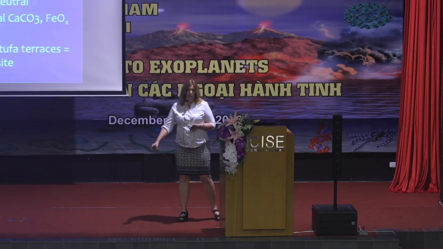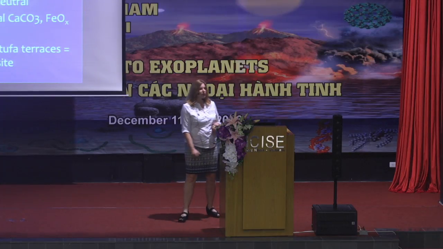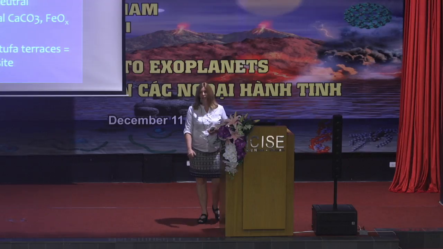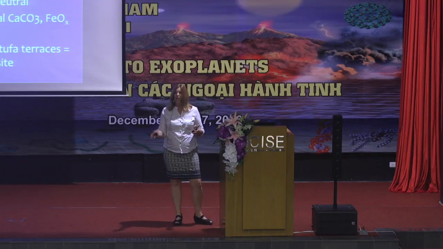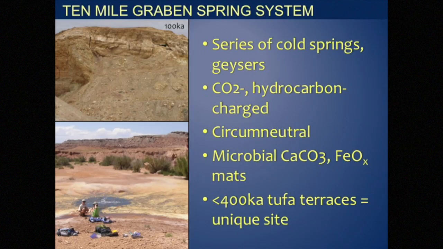Also in Ten Mile Graben is a series of modern cold springs and geysers. This is unrelated to the Jurassic deposit, it's just in the same area. These are CO2 and hydrocarbon charged circumneutral springs with actively precipitating microbial mats.